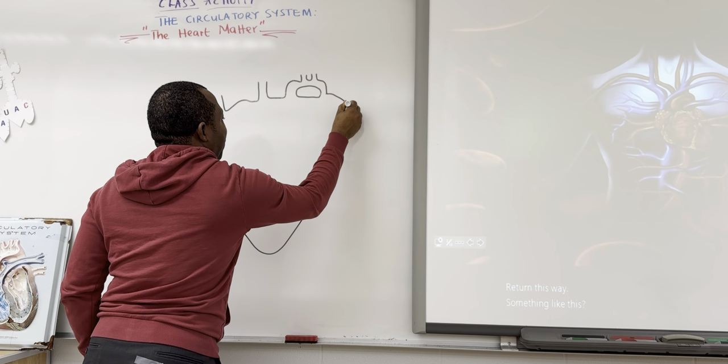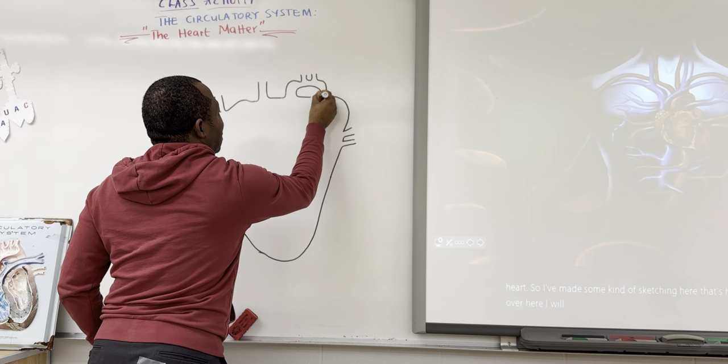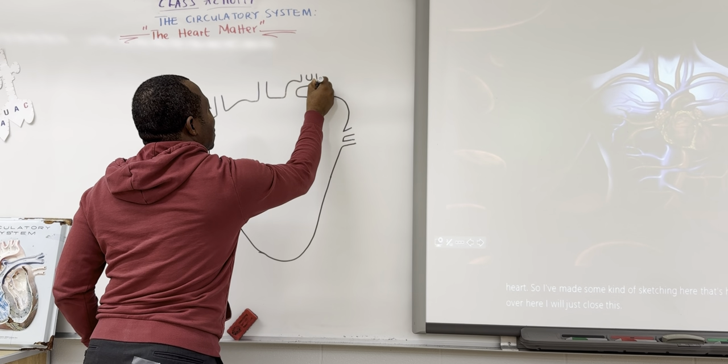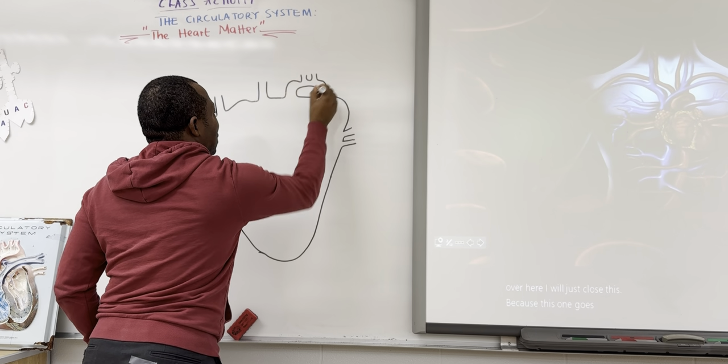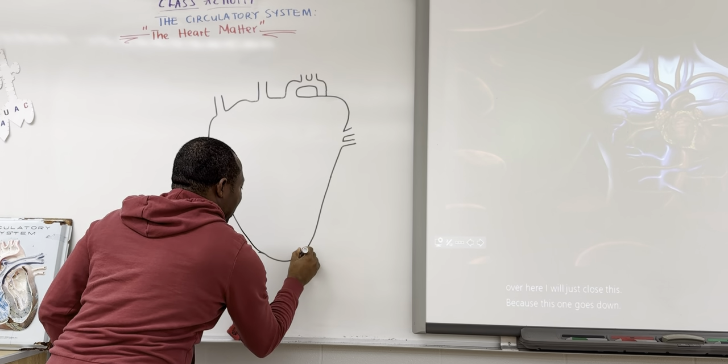All right, so it's not just a perfect drawing, but we'll look at it this way. Let's say this is the heart. I've made some kind of sketching here that's telling a story, and then over here I will close this because this one goes down, and again it comes out this way.